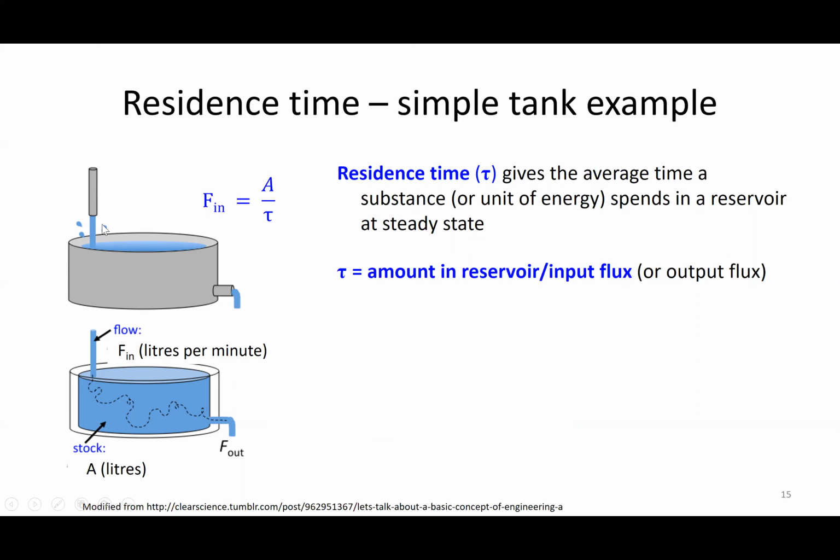Assuming the inflow equals the outflow and we have a constant volume, we can calculate the residence time of water in that tank. So tau, residence time, equals the amount in the tank divided by the input flux or the output flux, given they're both equal in this example.